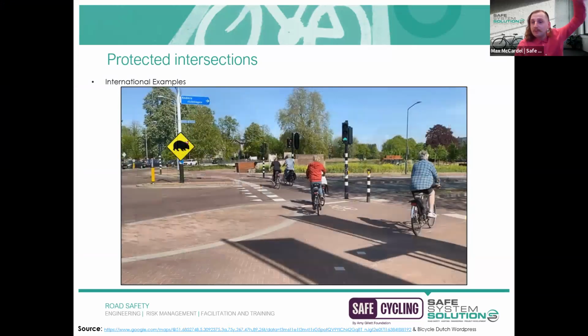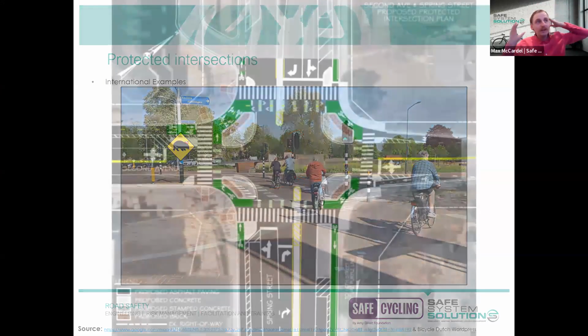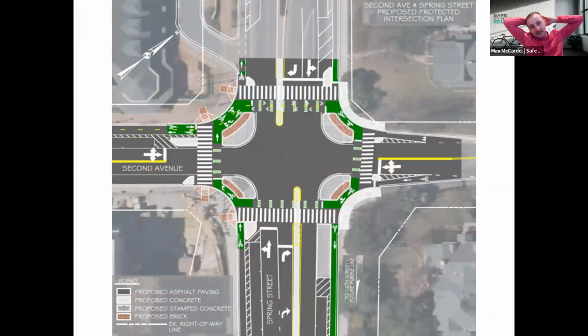I'll go to another example. This one is in Maryland in the USA, and I have once again flipped, mirrored this, just to show it's on the left-hand side. Another question for the group.